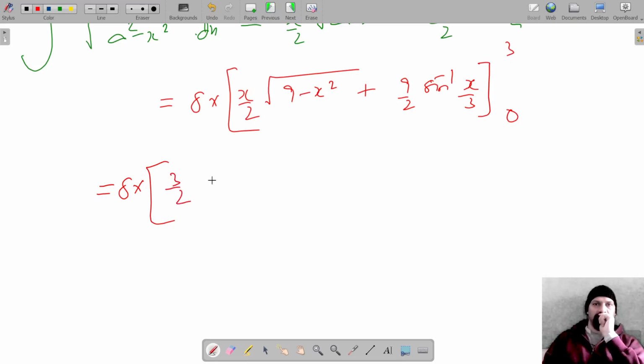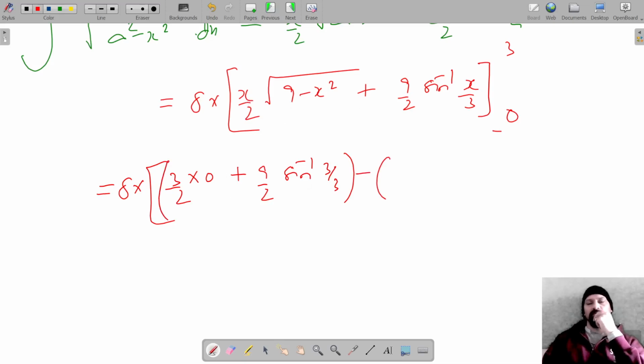So this is 3 by 2, and 3 square is 9, so this is 0, plus this is 9 by 2 sine inverse 3 by 3, and minus, if we put 0 here, this term is 0 and this is 9 by 2 sine inverse 0 by 3. Sine inverse 0 is 0, so this whole term is 0.